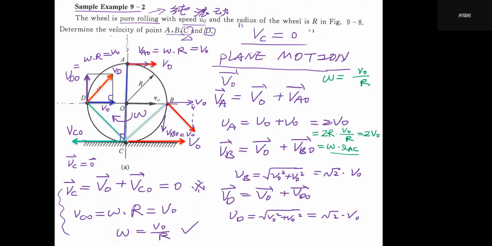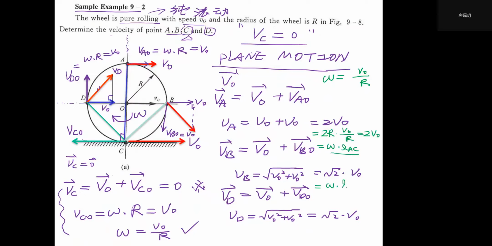So let's see another point, B. We know the magnitude of VB is square root 2 times V0. So we can try to use omega times the length LBC.